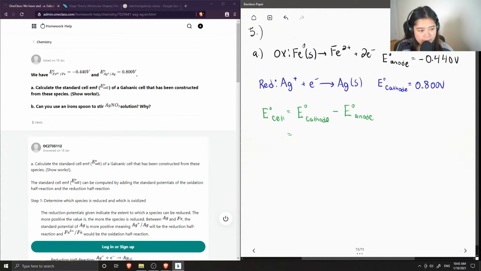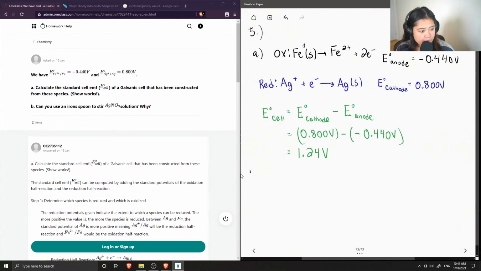E cathode is 0.800 volts, and E anode was negative 0.440 volts. When we subtract a negative number, that's the same thing as adding it. So E cell would be equal to 1.24 volts.